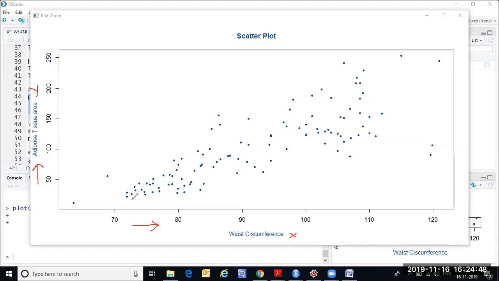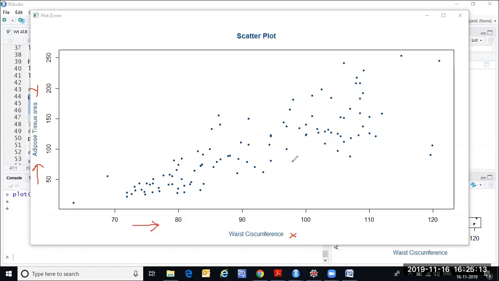It looks like it is not that perfect positive because the spread is increasing as you move forward. If the spread were maintained as in the beginning, you would have called it a strong positive relationship.